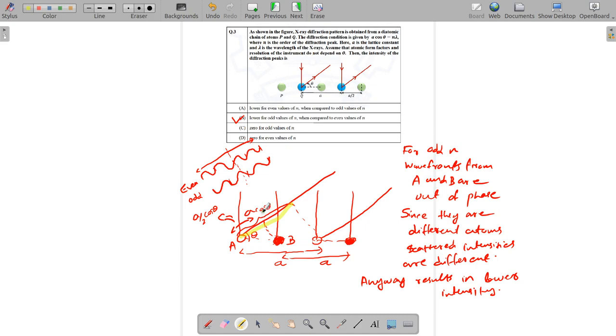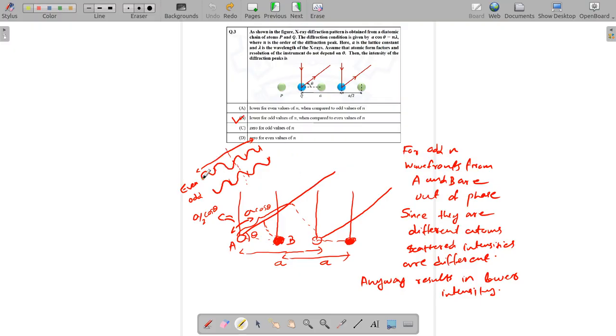The path difference causes interference, and that decides whether you have constructive or destructive interference at the receiving point. Similarly, there can be waves coming from this atom and this also. So at the end, they all mutually interfere and form the pattern.